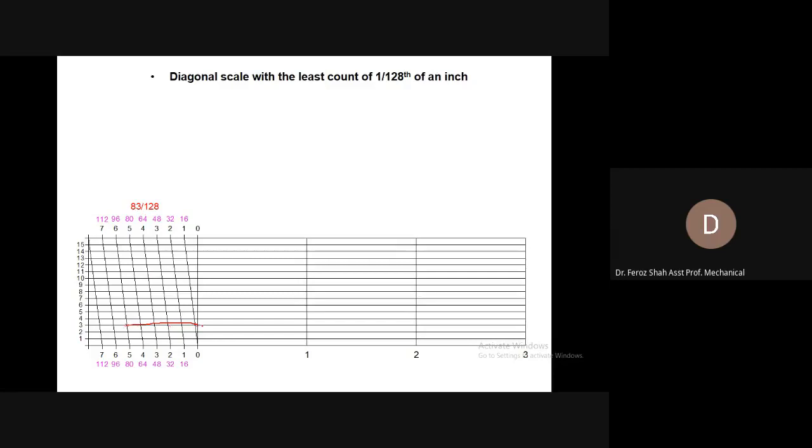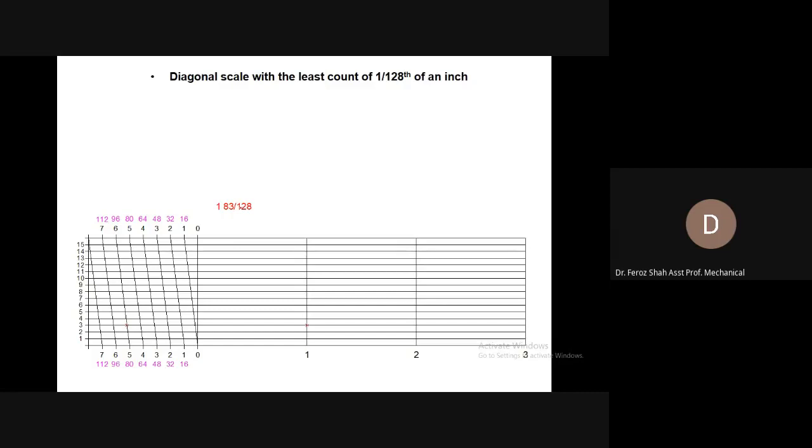You cannot measure this measurement exactly with these edges. You can do it approximately, but for doing it exactly, you will have to take this distance with the help of your compass and take it to the place where you want to draw or measure this dimension.